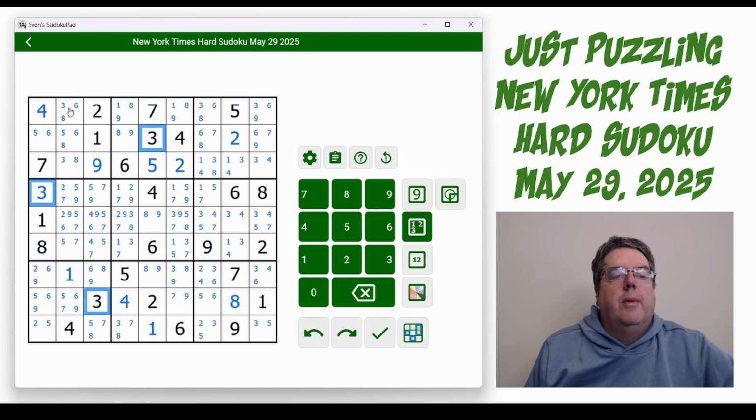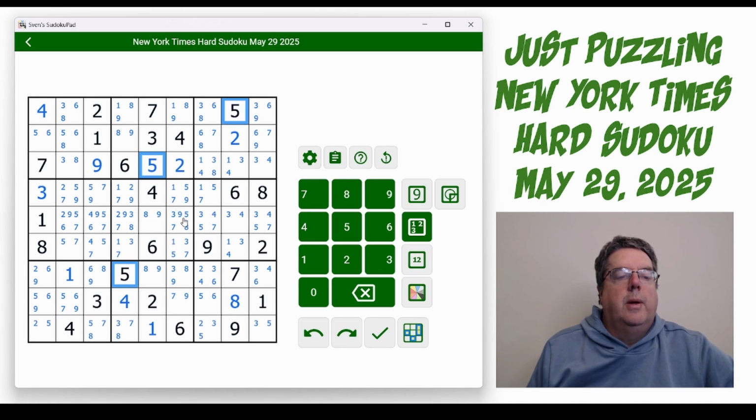So 3 there and there. 3 here, here, here and here. 3 there. 3 there. 3. 4. 4 at the top. 4 all there. 4 there. 4 makes sense. 5. 5's down this column.